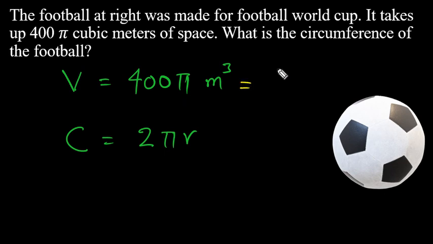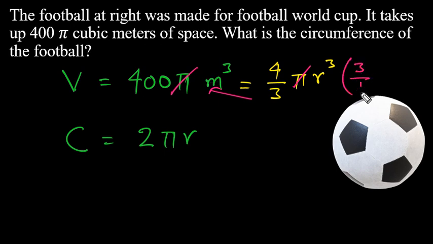So formula for a sphere is 4 over 3 pi r cube. Now you have to solve this information from here. So pi and pi cancel because both sides, and this will be cross multiplied, or you can do one thing, you can just multiply with the opposite reciprocal, 3 over 4.